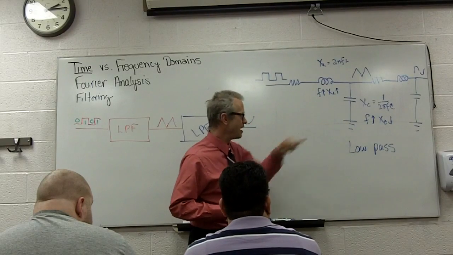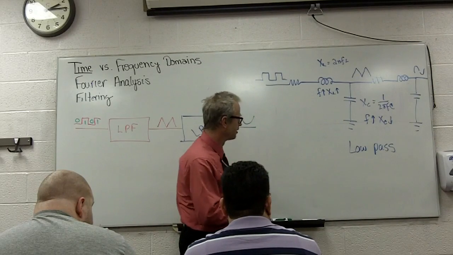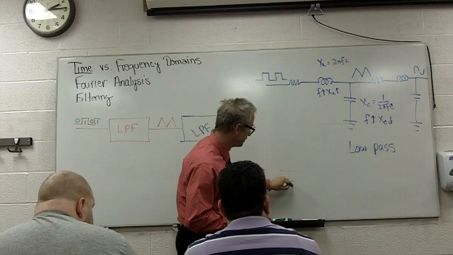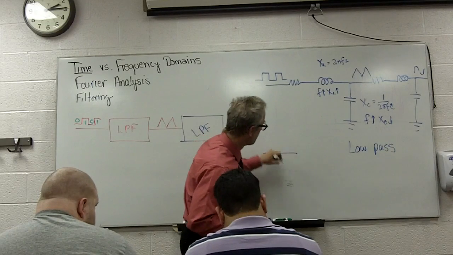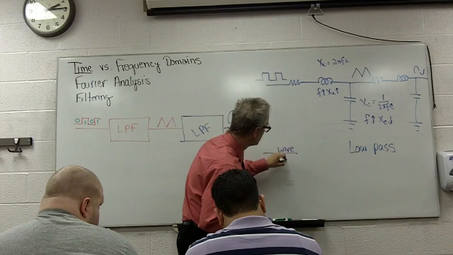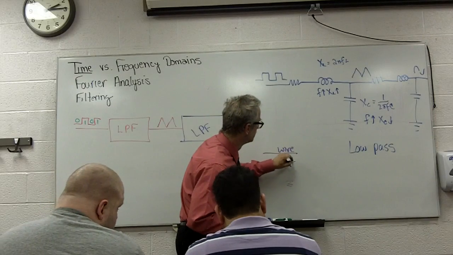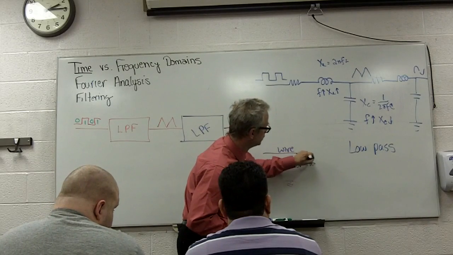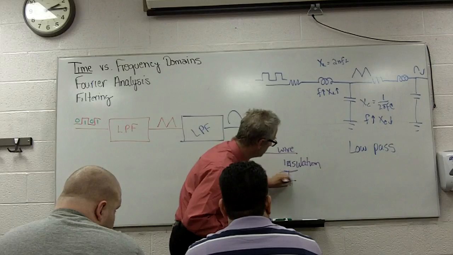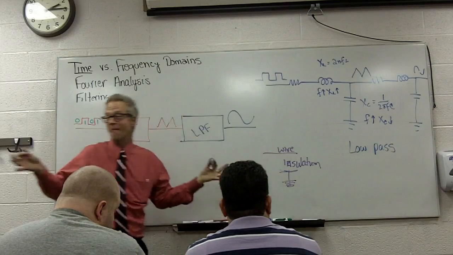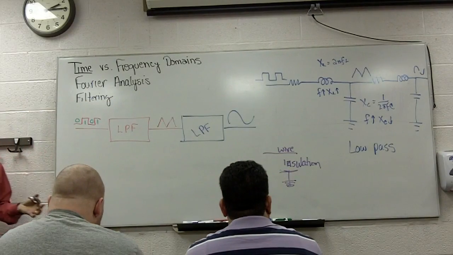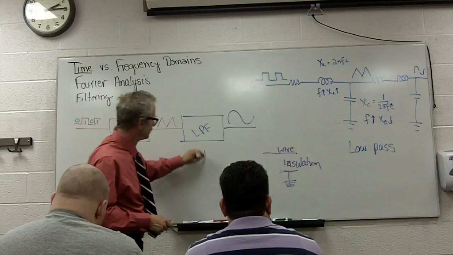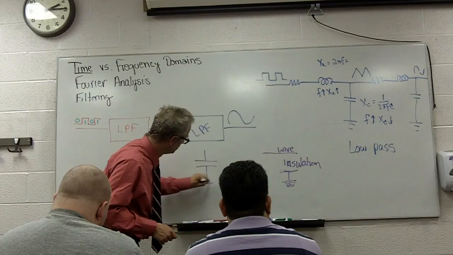So when you have a wire and a ground, like we said before, you're going to have a ground here, and you're going to have a piece of wire with an insulation between it and ground. What's a cap? 2 plates with insulation between them.